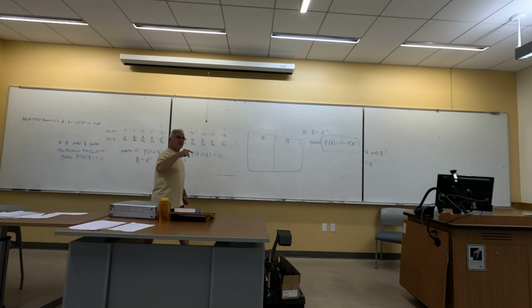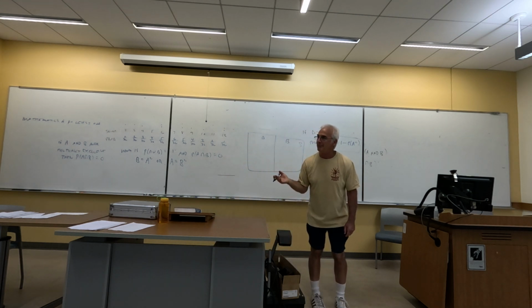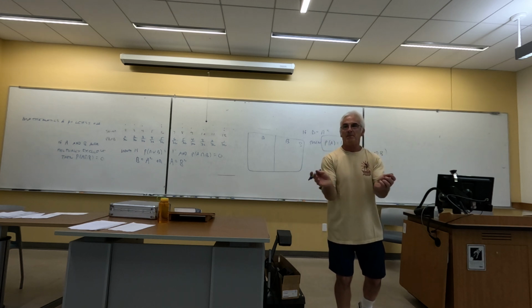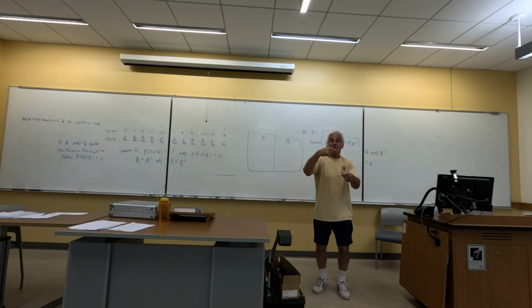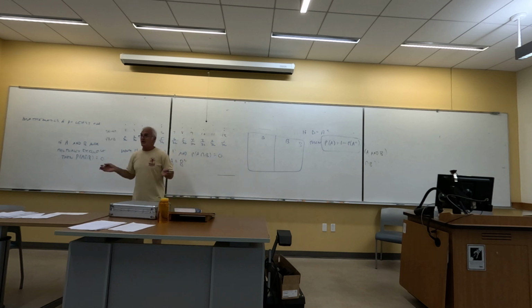If I am performing an experiment and the probability is staying the same, I'm flipping a coin, I'm rolling the dice, I'm picking a card, any card, but I may be putting the card back in. Okay, so I'm going to pick a card again maybe later. If I'm doing something over and over again and the probability is not changing, now, that's very important because we're going to talk about situations where the probability does change.